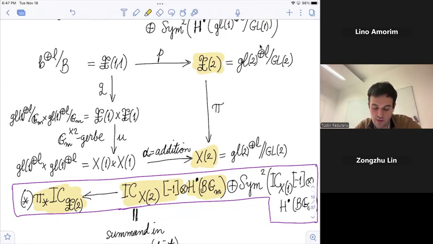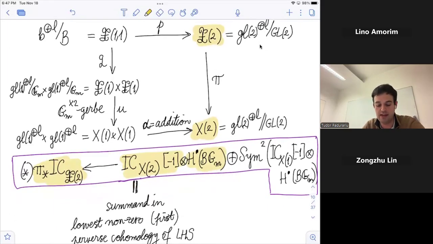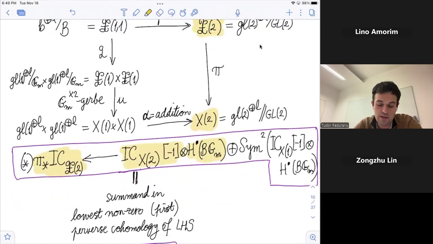This cohomology will appear. Now why do we get the map from IC_{X_2} into this push forward? This is non-trivial, and this uses a weak form of the BBDG decomposition theorem for the map pi.